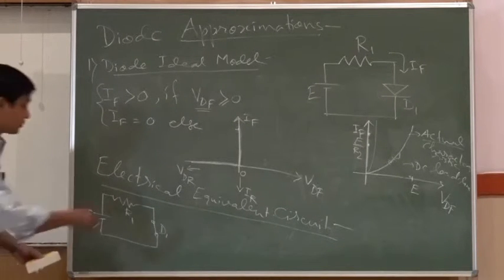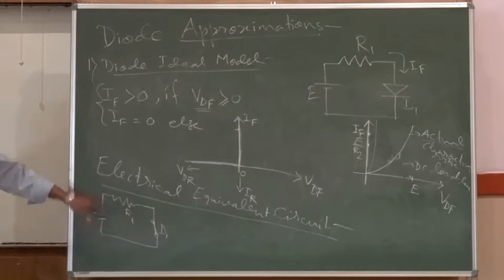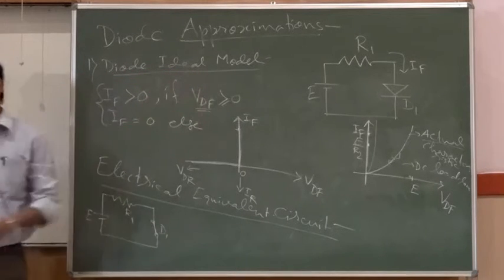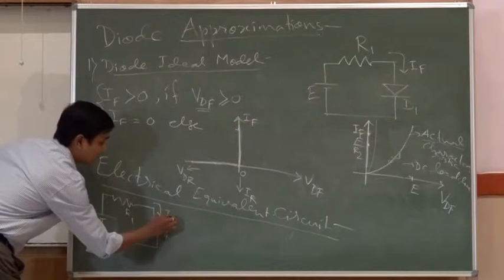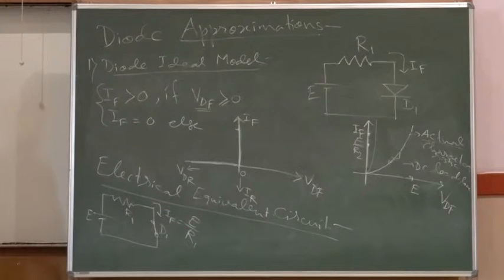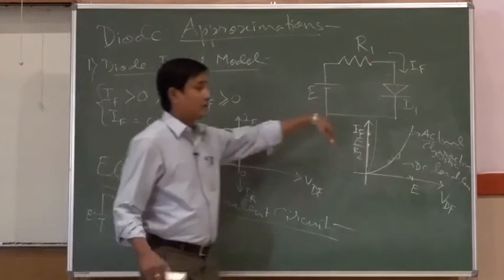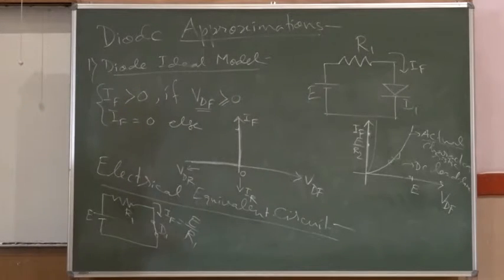That is why I could represent this D1 in this fashion using this ideal diode model. Now, if I want to find the current here, IF, I think it will be simply E by R1, as I said earlier also. So, I do not need to go for further analysis of the DC load line to draw, find the Q point, nothing.